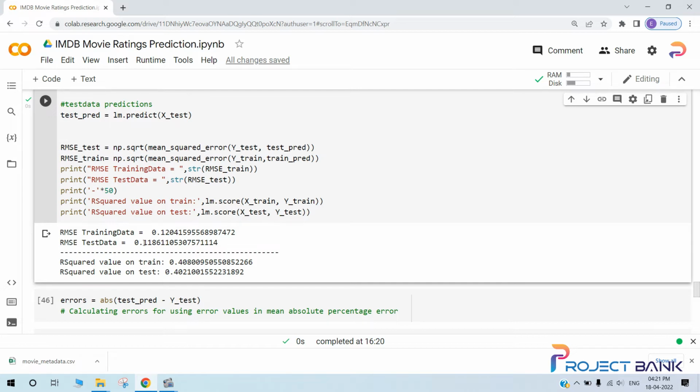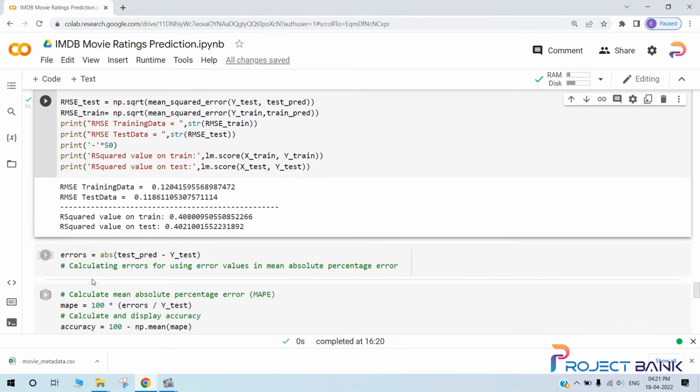The RMSE value is 12 on train and 11 on the test data, but the R squared value on the test data is 40 and on the train it is 40 again. So this R squared value must be improved, and we have to increase it. So far this model is not very good.